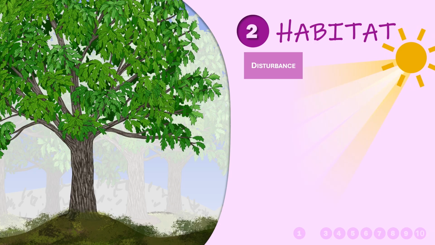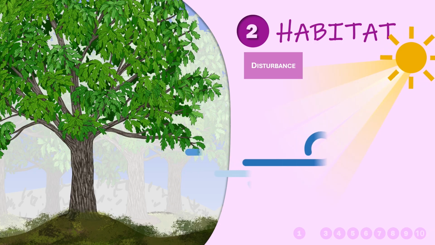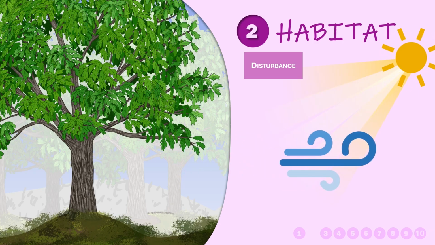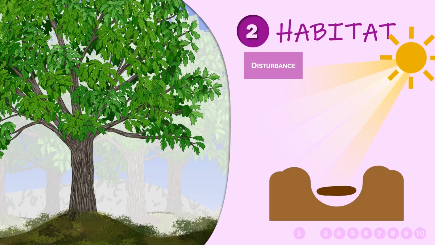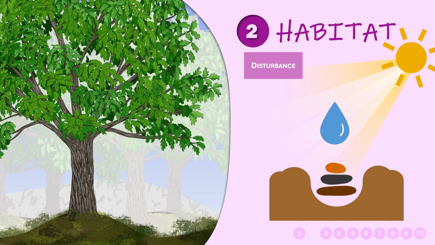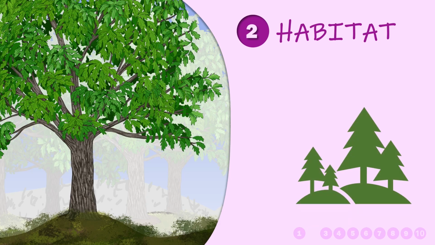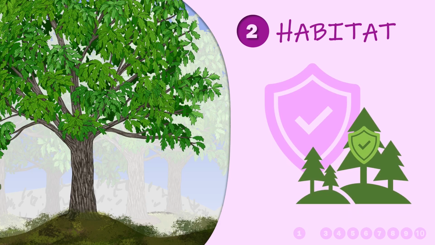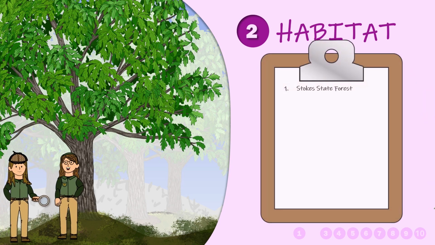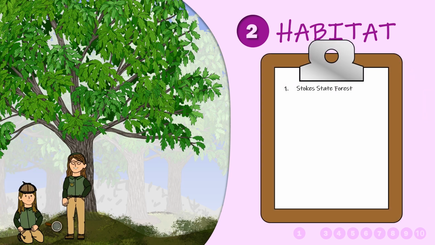No matter the type or intensity of disturbances, the resulting changes in growing space, soil conditions, or light availability will allow for new trees or different species to take root and grow. While disturbance can be harmful to parts of the forest, it can also be beneficial for individual trees or the site as a whole. So, Detective, what can you tell us about the habitat of our mystery tree?